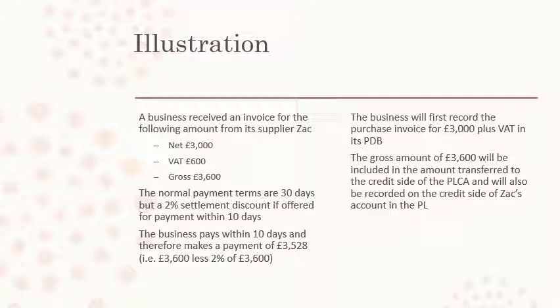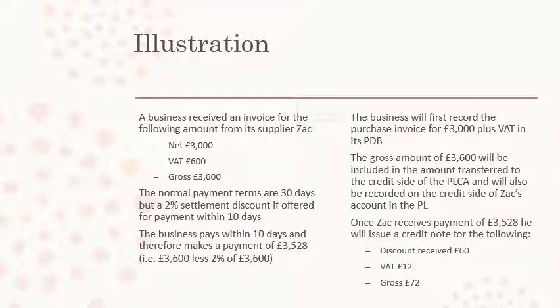So £3,000 would have gone to the debit side of the purchases account, £600 would have gone to the debit side of the VAT control account, and £3,600 would have been credited to the purchase ledger control account. It would also have been recorded in Zach's account in the purchase ledger. So there we would have seen £3,600 credited to Zach's account in that purchase ledger.